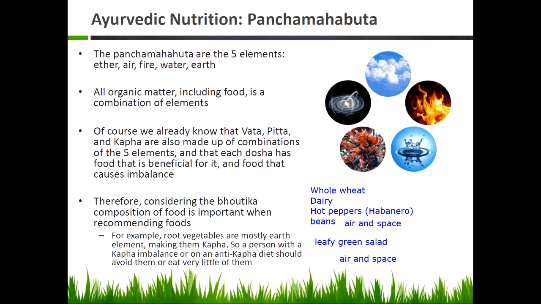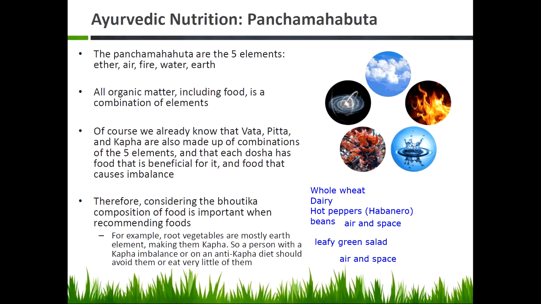So the idea is root vegetables, for example, are mostly earth element, and many of them are kapha. The only exception is carrot. Carrot is actually a diuretic. It decreases the amount of water in your body. Otherwise, most of them, turnip, parsnip, yucca. I don't know if I'm saying it right. Let me write that down.